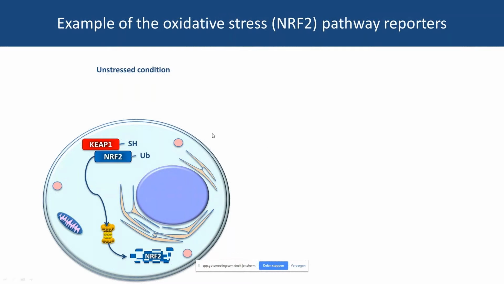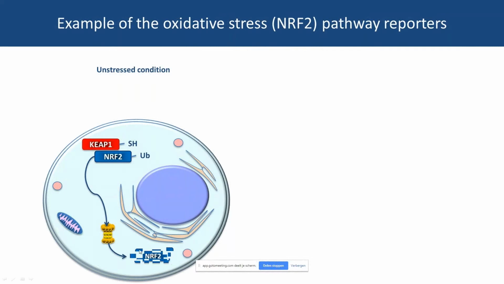Over here we see a normal cell in unstressed conditions, so homeostatic conditions. In homeostatic conditions, we see that KEAP1 is bound to NRF2. When this happens, NRF2 is polyubiquitinated, and it will be targeted for proteasomal degradation.